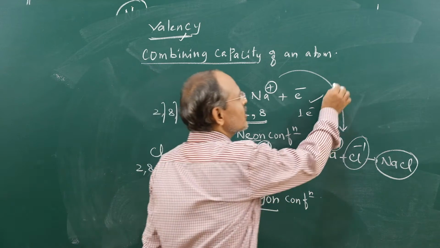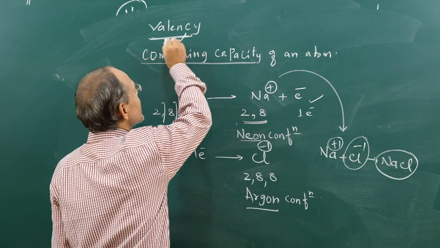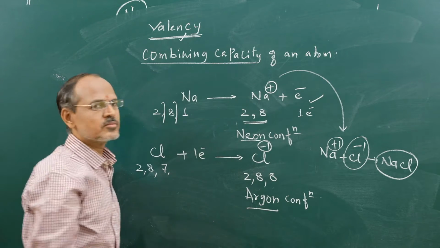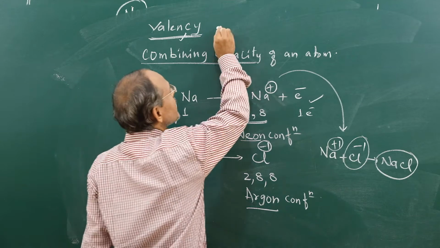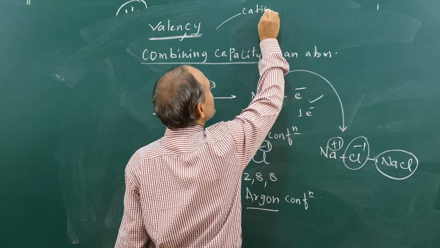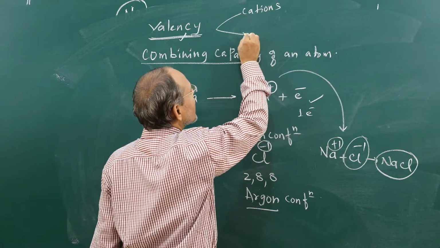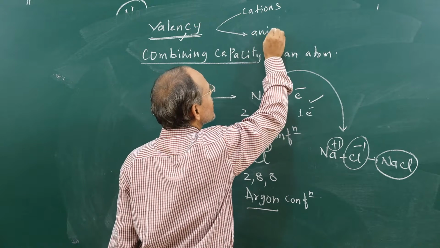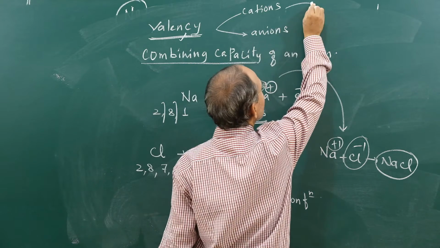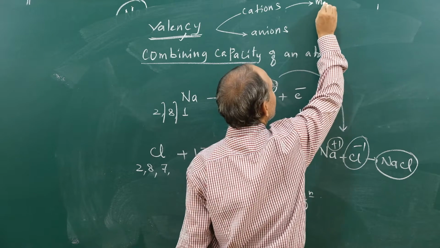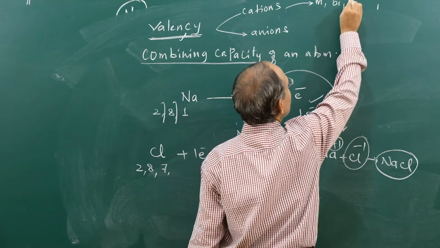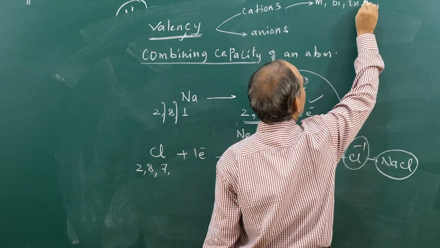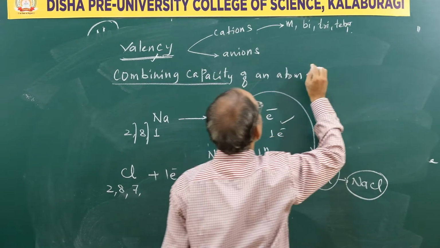That means based on the valency concept, both cations and anions are classified into monovalent, bivalent, trivalent, tetravalent, like that.